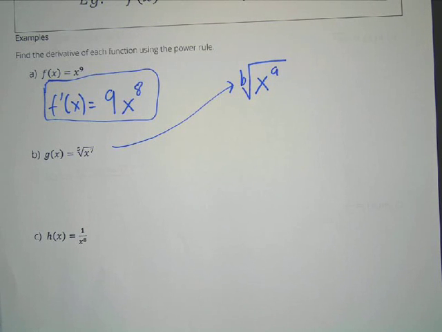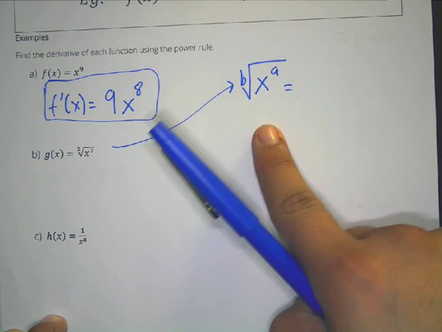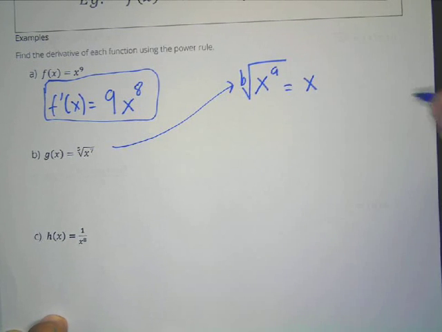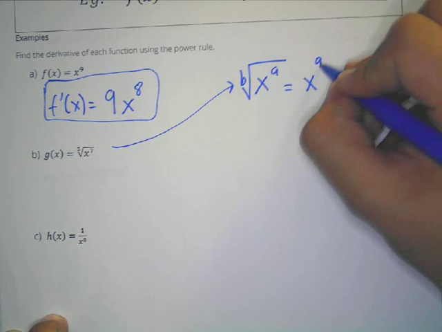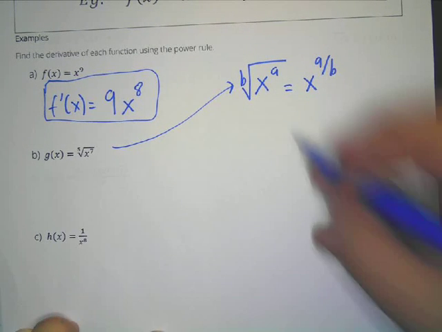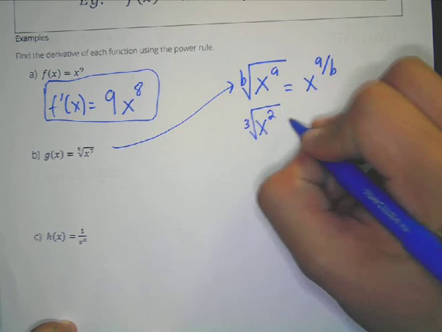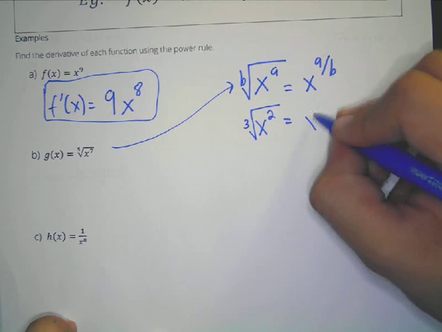Specifically, you can rewrite it as a fractional exponent, right? So you can always rewrite these radicals as, does anyone know? x to the a over b. A over b, right? So as an example here, if I have x squared with a third root around it, that's going to be x to the 2/3 power, right?